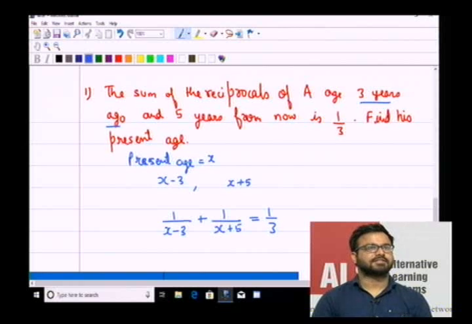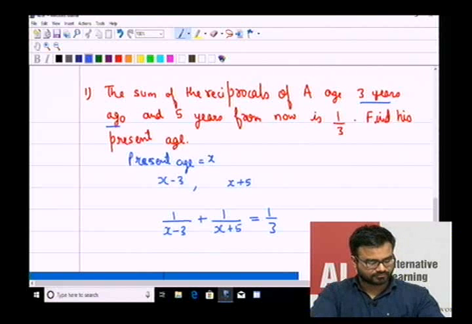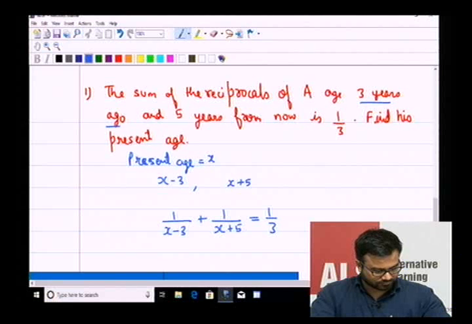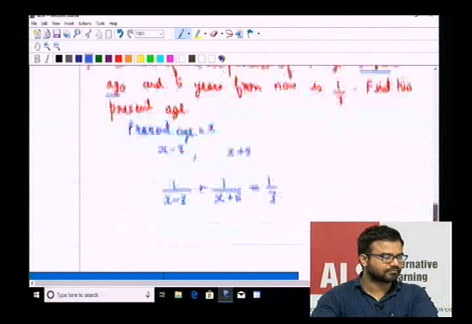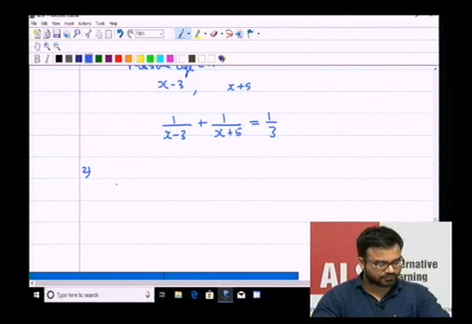No, Shillong Center, the answer is not right. Now just solve this equation in the same way we have done the previous one. And those who have done this question, we have a second question for you.